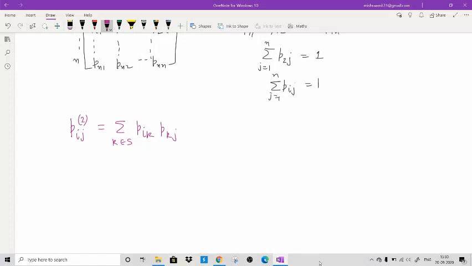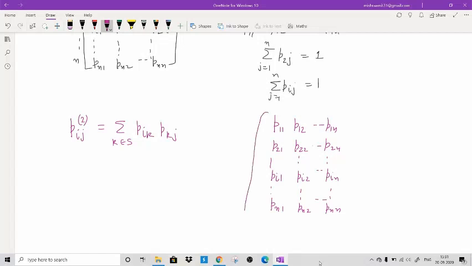and Pkj. So if you see, there is a matrix P11, P12, P1n, P21, P22, P2n, and for example there is a Pi1, Pi2, and this is Pin, then there is Pn1, Pn2 and Pnn.